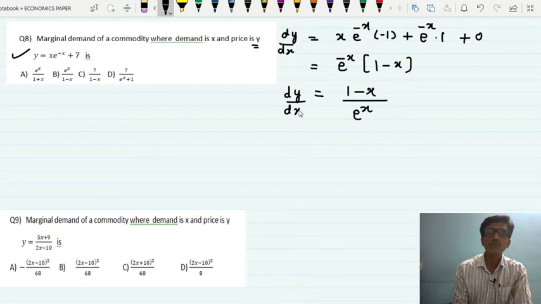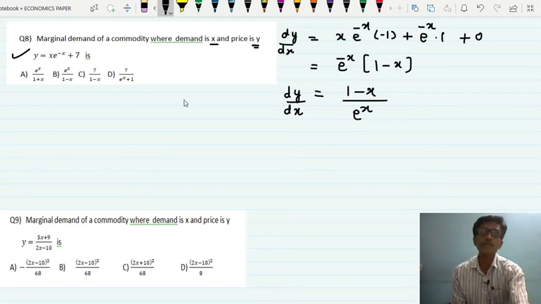But as we have here demand of commodity, where demand is x and price is y, so we are finding marginal demand. So dx by dy.